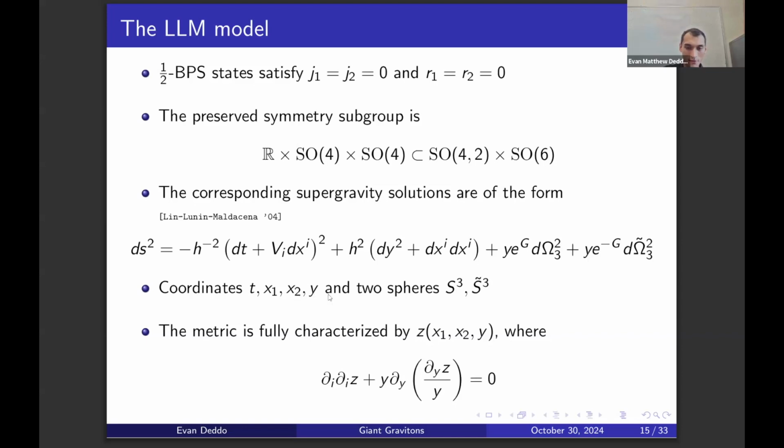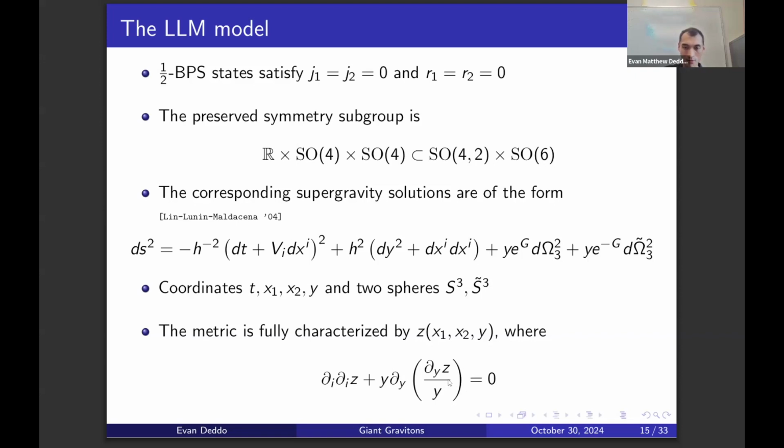The nice thing about this parameterization is that this metric is fully characterized just by a single function, z. So these g's and these h's are some functions depending on z. And this z satisfies a linear differential equation, like so. And so we can add solutions together, because this is linear.